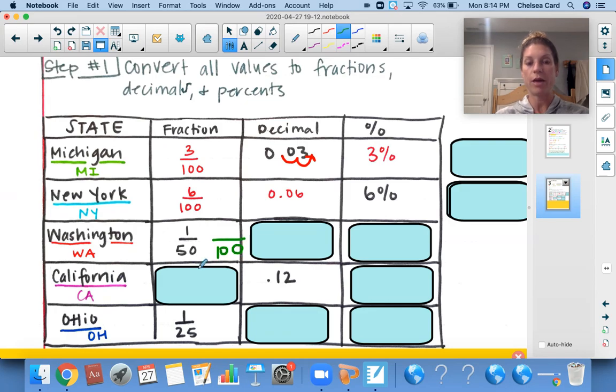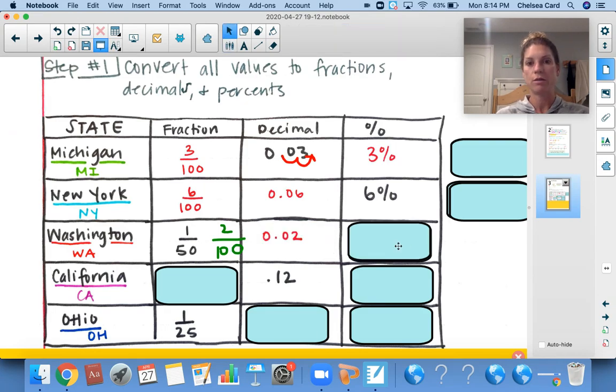And I need to think, okay, what times 50 equals 100? Well, 50 times 2. And so what is 1 times 2? 1 times 2 is 2. All right. So my 2 out of 100, when I read that in my math language, that is 2 hundredths. So my decimal is going to read as 2 hundredths.